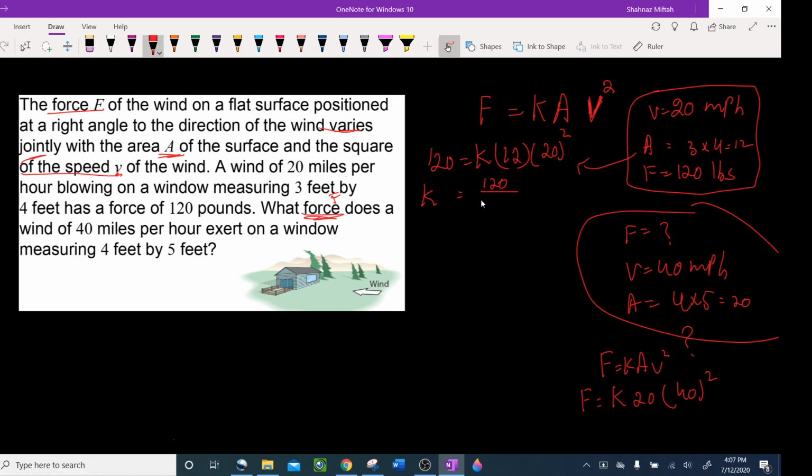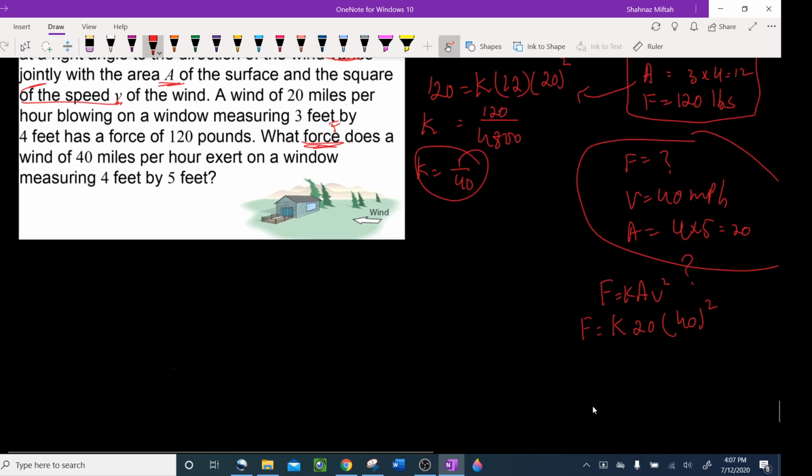You can use a calculator to solve it. So K is equal to 1 over 40. So I got my K. Now I'm going to go back and plug that K in here to get that F. So 1 over 40, 20, and 1600. 40 times 40 will give me 1600. You solve this, you're going to get F equals 800 pounds.